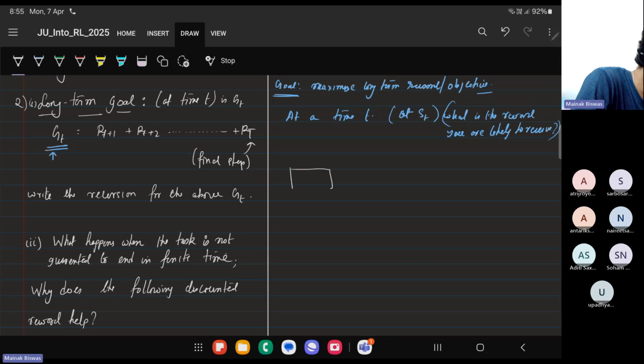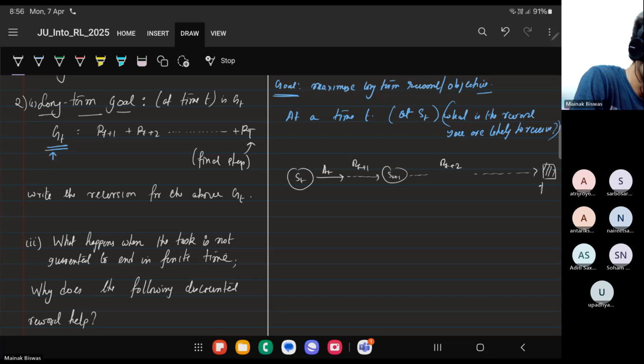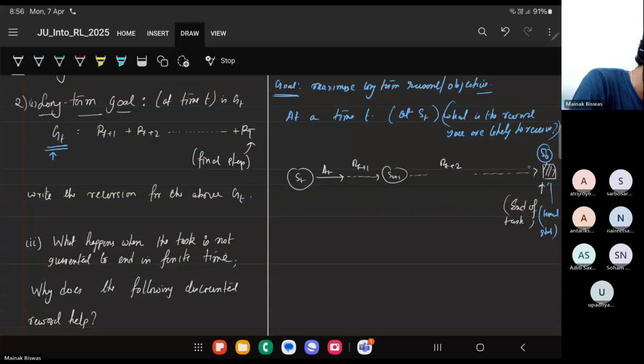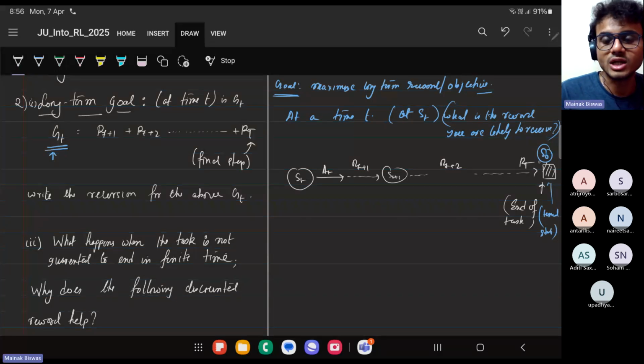Say you have s t, you take an action a t, you get a reward r t plus 1, you go to s t plus 1. Similarly, you have r t plus 2, dot, dot, dot. Say you stop at the end of the task. This is at r T. This is a terminal state, and you get r T when you go to the terminal state.